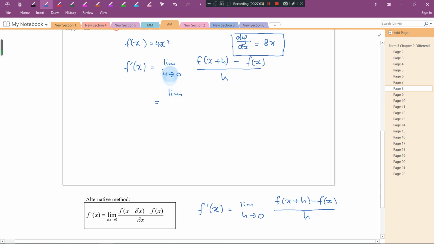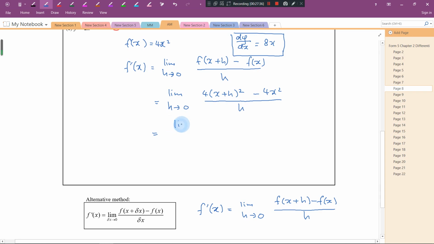Here I just copy this one first. Every step I need to copy this. We go back to the function that you learned in Form 4. If this is x, we put x here. If this is 2, we put 2 here. If this is x plus h, here we have to put x plus h, right? 4 times (x plus h) squared minus f of x, which is equal to 4x squared, over h.